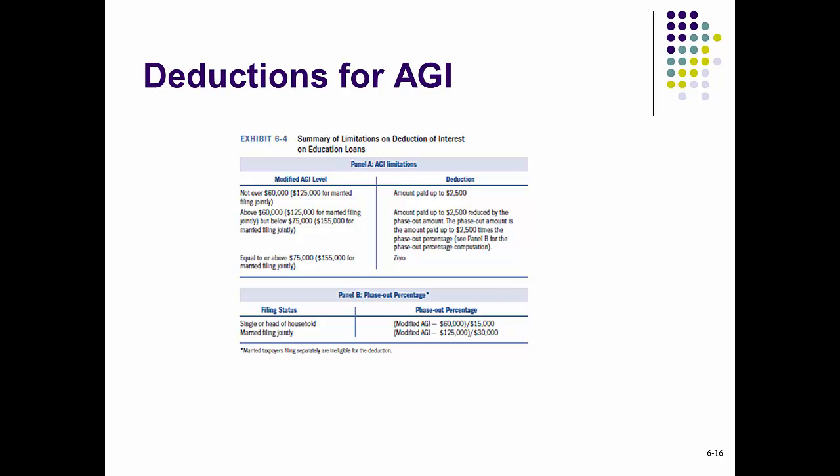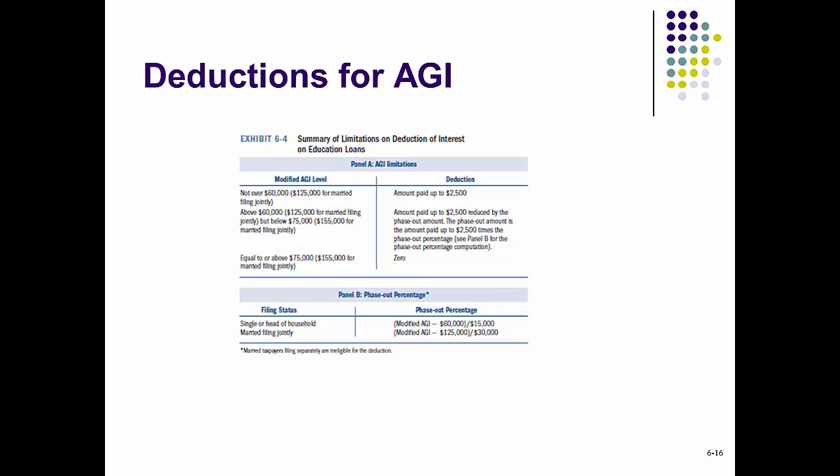In order to claim the deduction for expenses for dependents, the taxpayer must: number one, have paid the expenses him or herself, and number two, claim the student as a dependent. And the differences between deductions for student loan interest and education expenses are: first, the MAGI for education expenses includes the deduction for student loan interest.